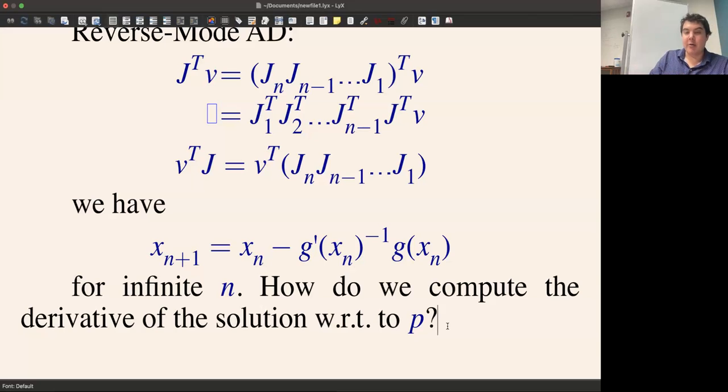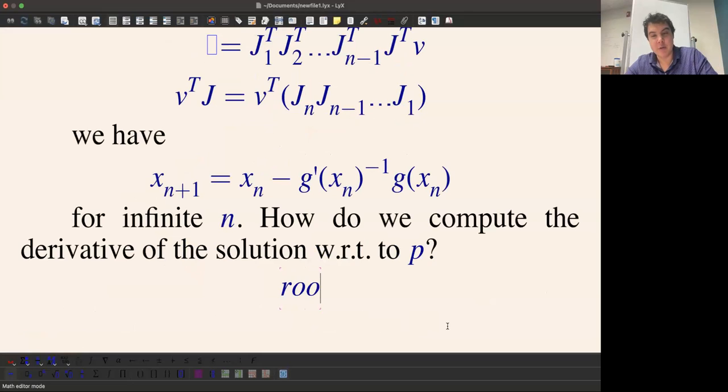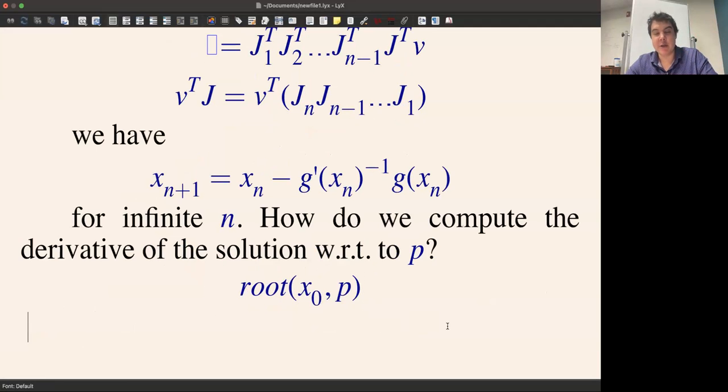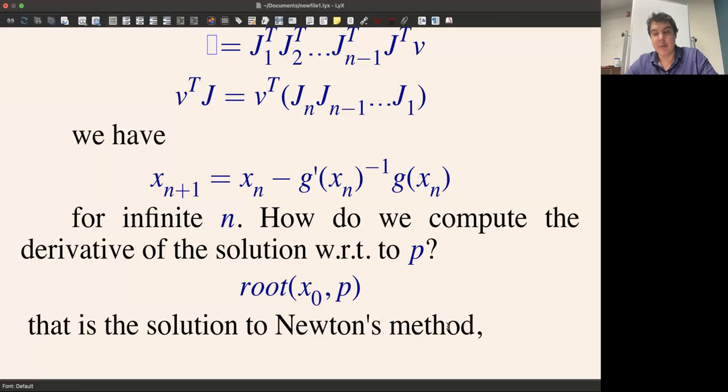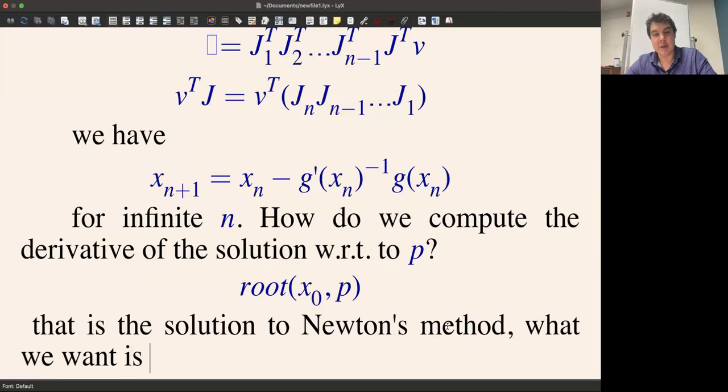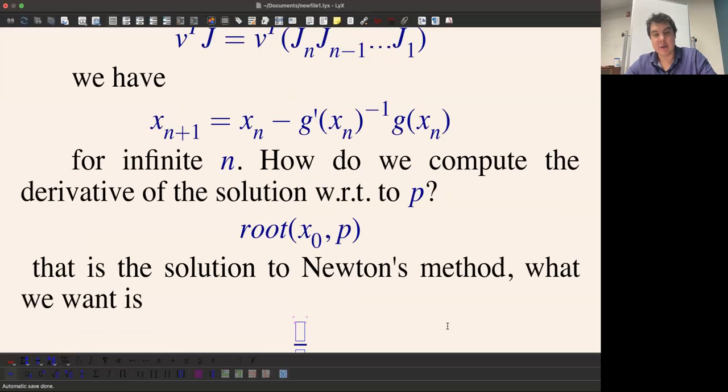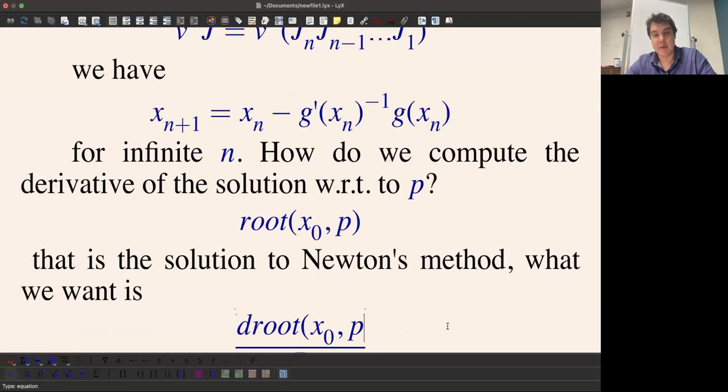Now, if you think about the root given x0 comma p, the solution object of this, if we say that this is the function that is the solution to Newton's method, what we want is the derivative d root of x0, p, dp.